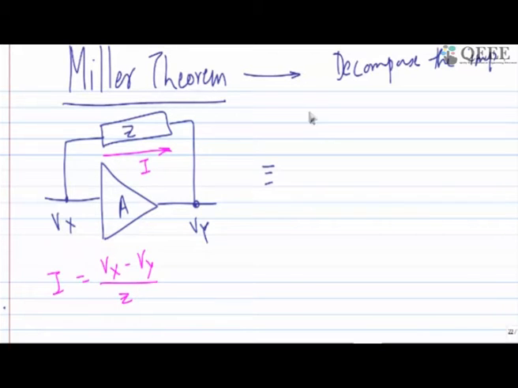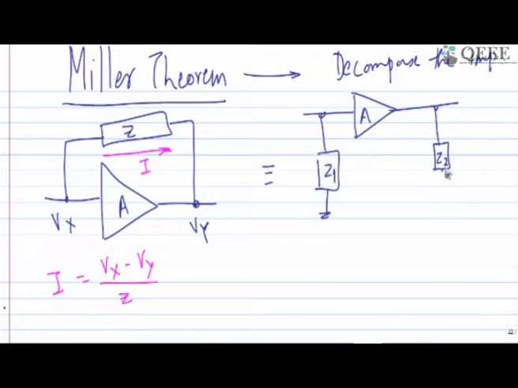Now I want to make this one, which has a decomposition of your impedance into Z1 and Z2, Vx this side, Vy this side. What can I say about the current flowing through this one?